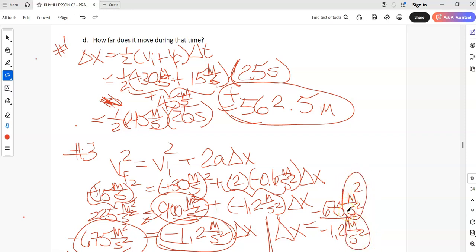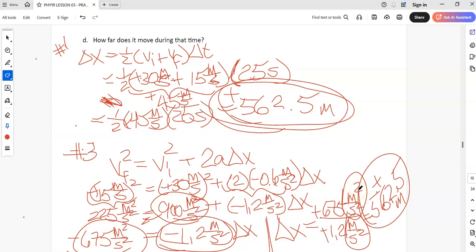When we divide these, you'll see that the top number, the numerator, has one more meter in it than the bottom, so our answer is going to be in meters. The negative signs cancel. When we divide this out, we get exactly the same answer we got before. We get 562.5 meters, and that's a positive number. It's the same answer, so we can be pretty confident that we did our problem correctly.